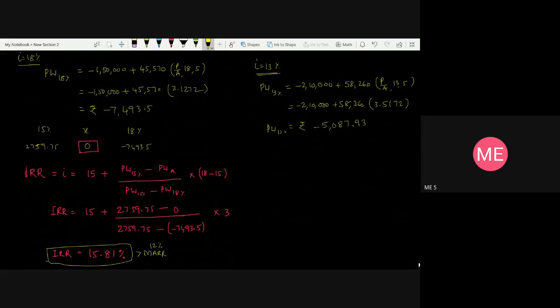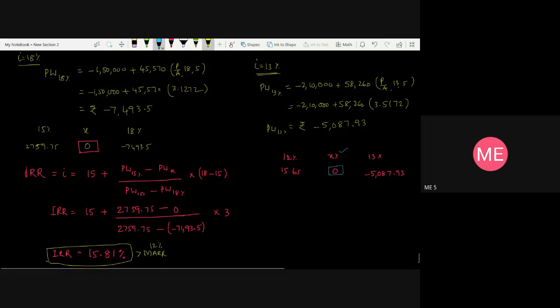So at 12%, the present worth is 15.65, and at X% it will be 0, and at 13% it will be minus 5,087.93. We need to find out at what percentage X the present worth becomes 0.